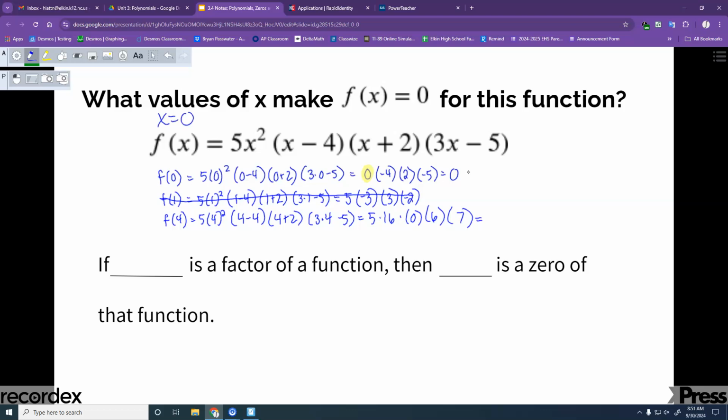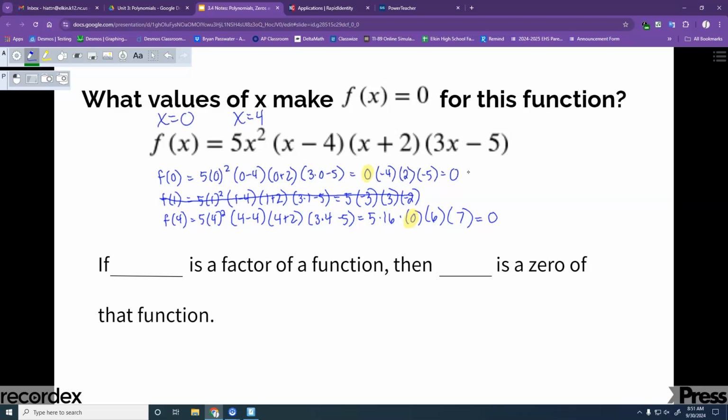All right, what is 5 times 16 times 0 times 6 times 7? It is 0, because if any of those numbers in there are 0, we're going to get 0 when we multiply them all together. So Kaylee is right. 4 is one of the answers.